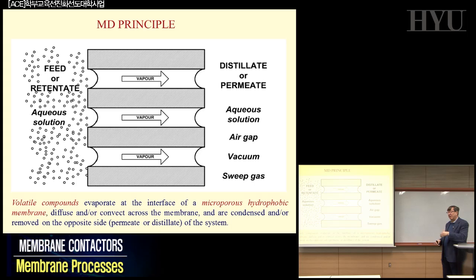When you say that a membrane is 0.2 microns, that means most of the pores are 0.2. But always you will have some pores of 0.5, 1, 2 microns on one side, and some pores much smaller on the other side. The much smaller is not a big problem. The much bigger is a problem because liquid can penetrate, and so you kill some of the properties of the system.